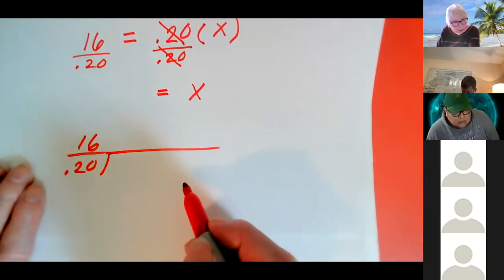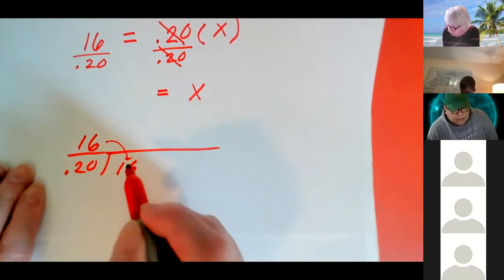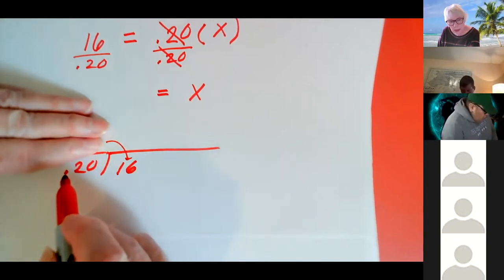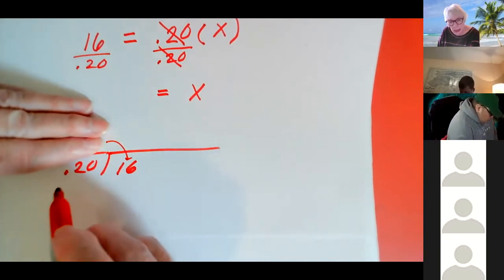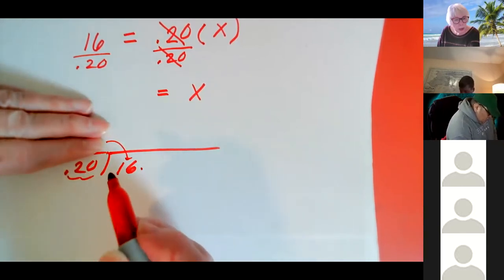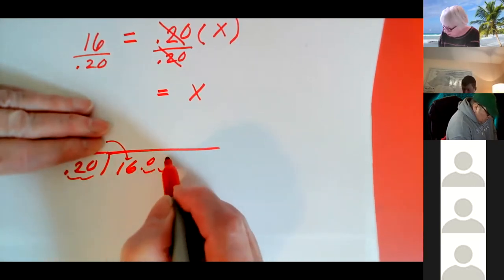I'm going to make it a fraction into a division problem. The 16 comes down. And so this is ignored. The trouble with this is it has a decimal in the divisor. And so this is the case where you have to move it over to clear it. And you have to match it over here.